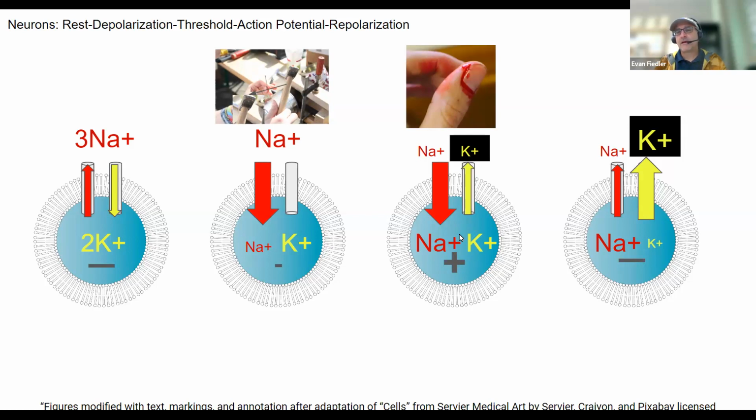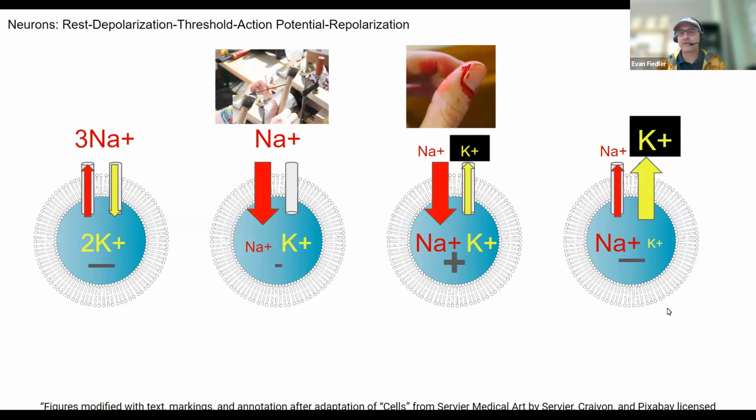And then after firing and reaching action potential, the cell is going to return to its original, polarized state. To do that, we see there's a tremendous outflow of potassium, making it very negative intracellular, to the point where it may be hyperpolarized and then return back to the negative resting potential of negative 70 millivolts.